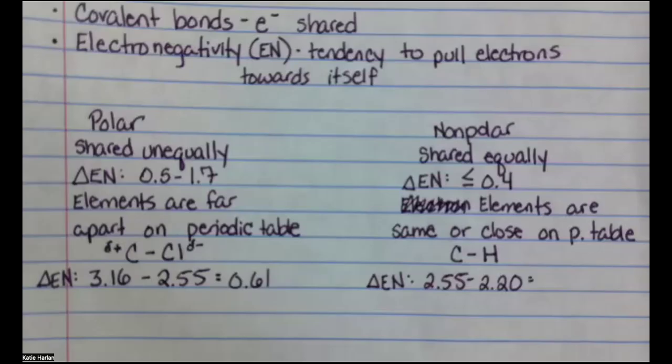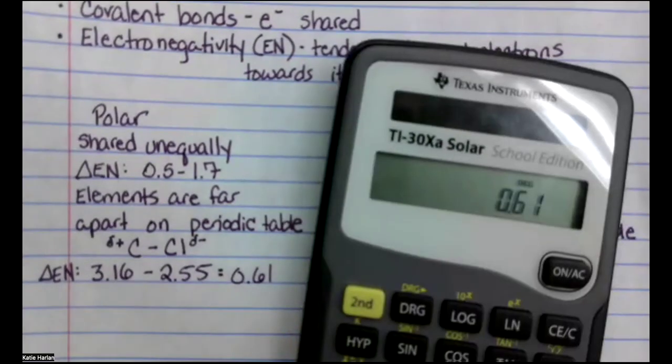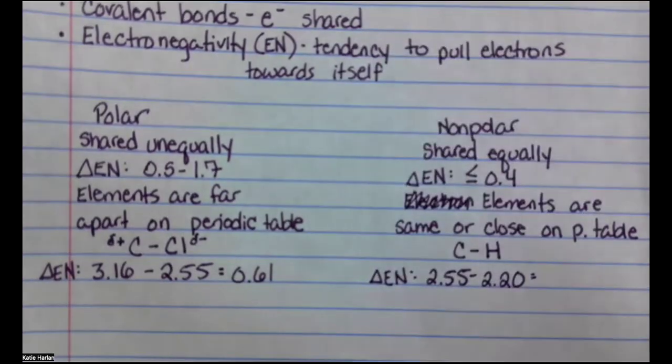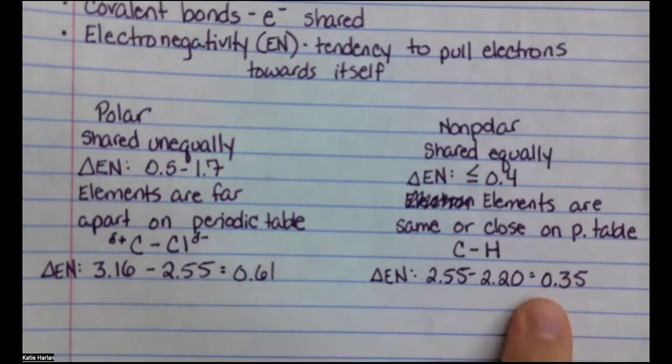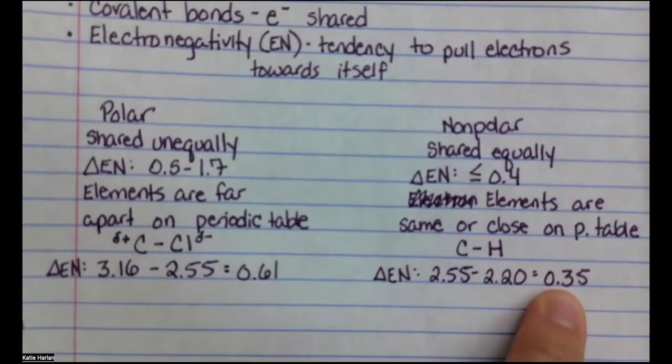So now we find the difference. We take the larger number minus the smaller number. 2.55 minus 2.20, we end up with 0.35. Which means since it's less than 0.4, this is a nonpolar bond.